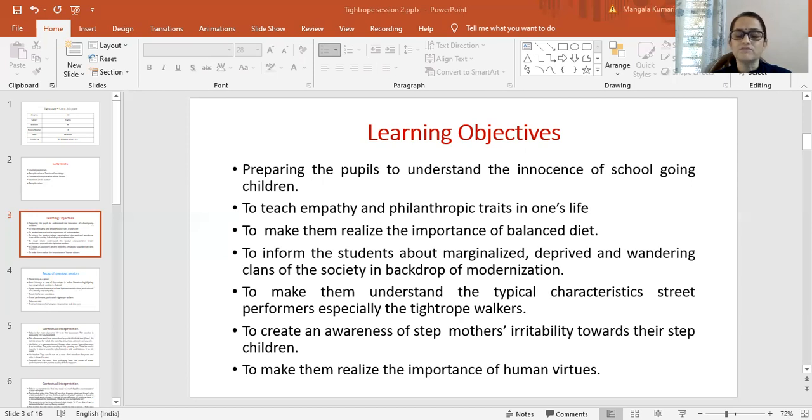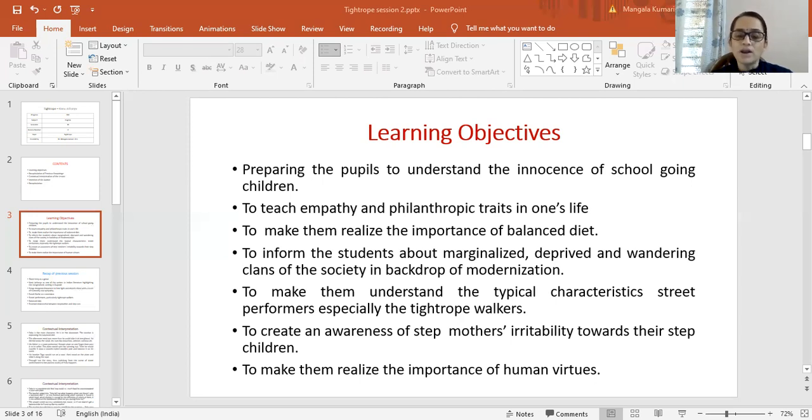Then coming to street performance, it is an act of performing in public places on the street for money. For the sake of earning money, performers perform certain acts to attract the audience. Street performing dates back to antiquity in India.